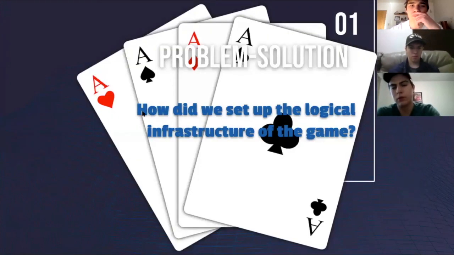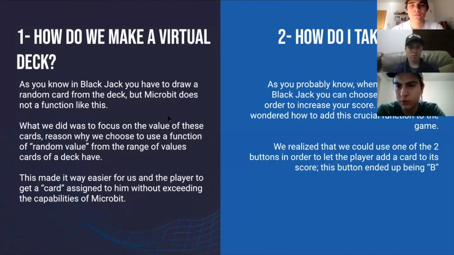Well, this obviously is the first section, problem and solution. How do we set up the logical infrastructure of the game? First, how do we make a virtual deck? As you know, in Blackjack you have to draw a random card from the deck, but Microbit does not have a function like this.